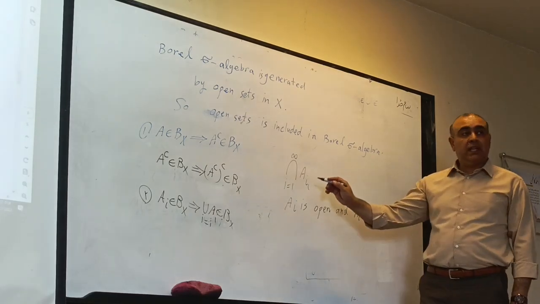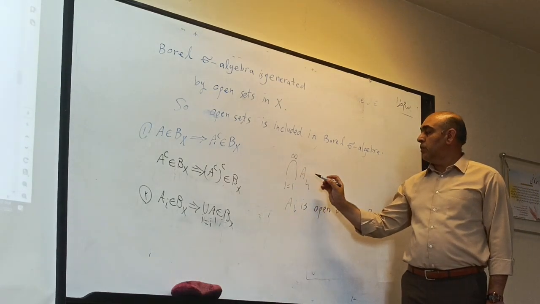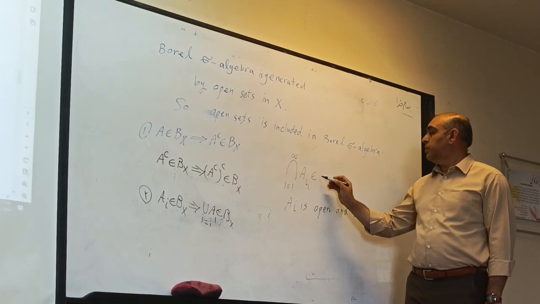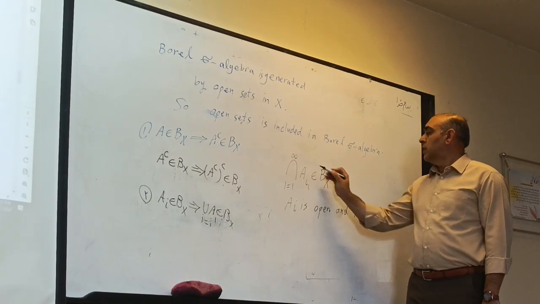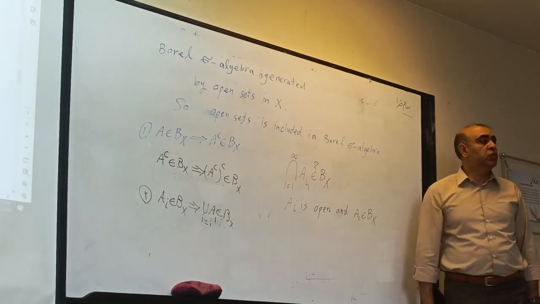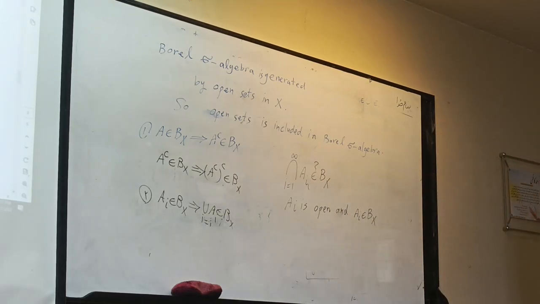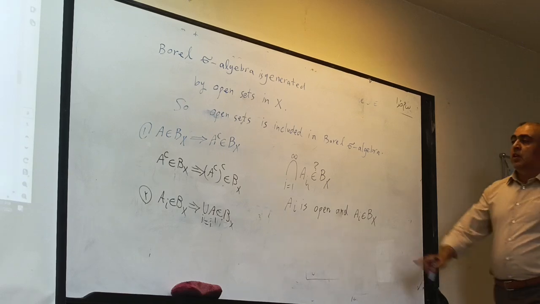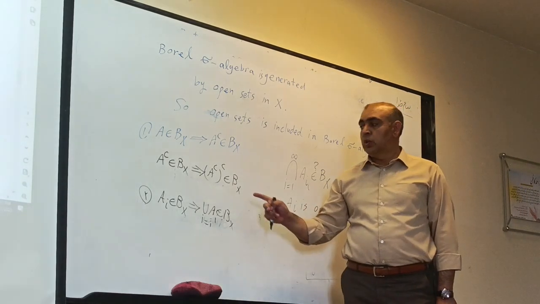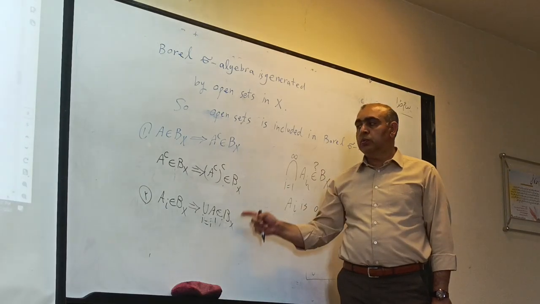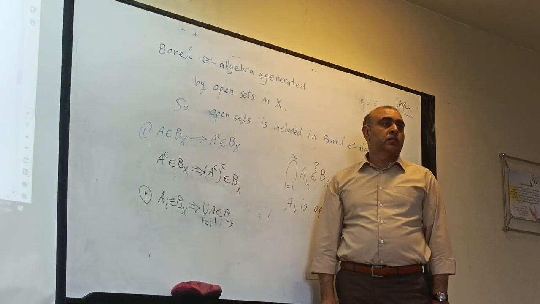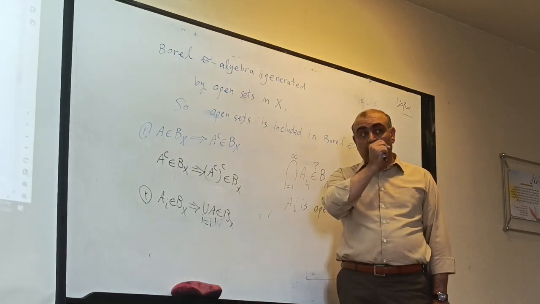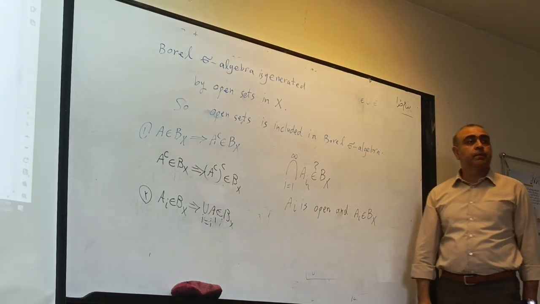We must show that the intersection of the Ai also belongs to Bx. You cannot do it directly; we must use the two conditions of a sigma algebra.